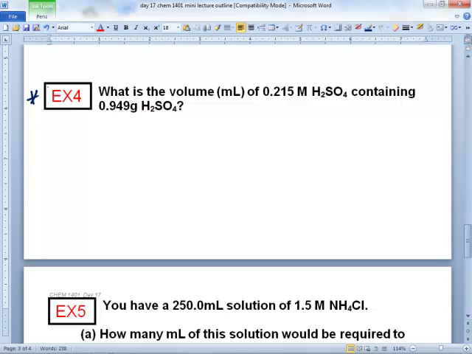So about 0.0097 is what folks are getting for the moles. And then as a final answer, what did you get? Around 45 mils? Did anybody else get about 45 mils as a final answer? Yeah? Okay, folks are getting around 45 mils.